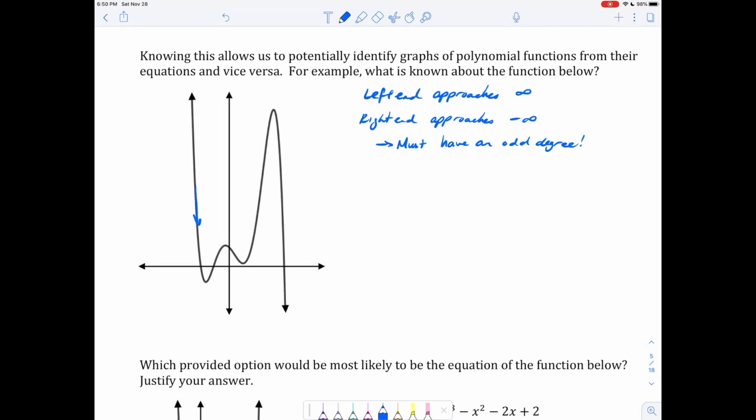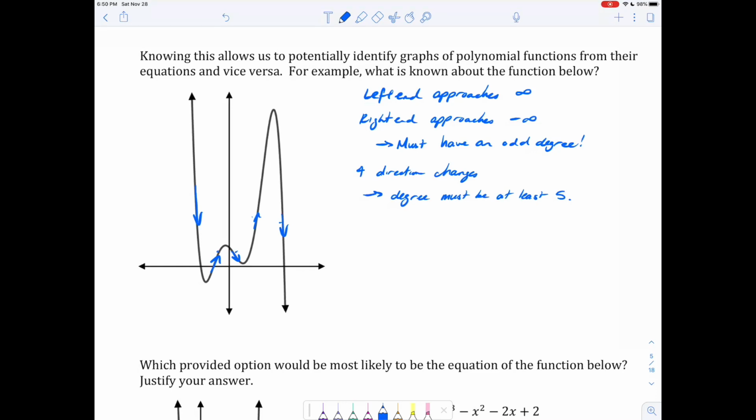So this starts by going down, and it's going up, it's going down, it's going up, it's going down. So 1, 2, 3, 4 direction changes. Which means that the degree must be at least 5. Has to be at least one more than the number of direction changes.